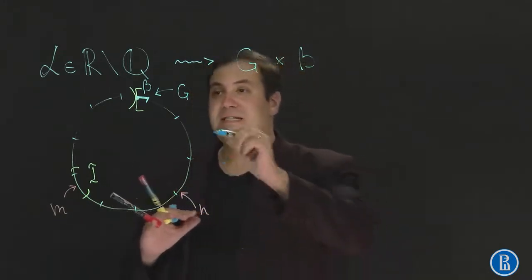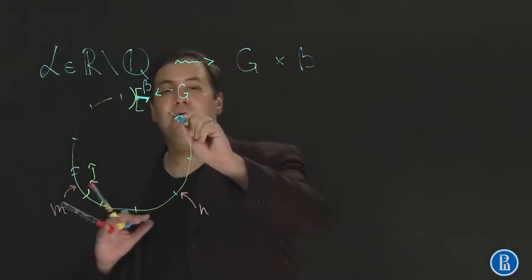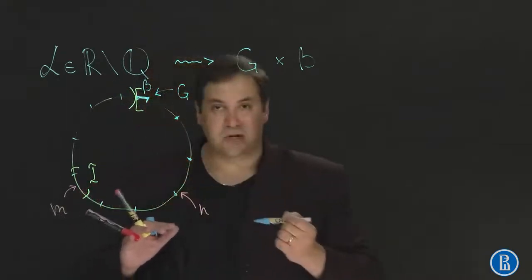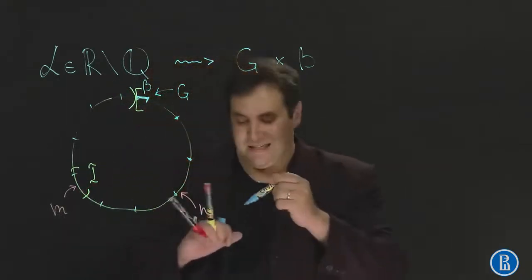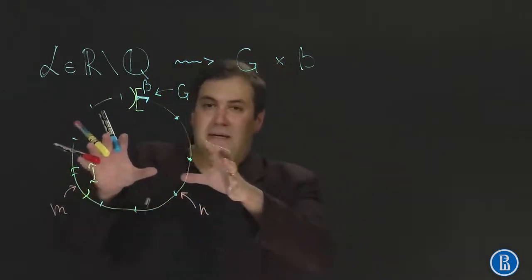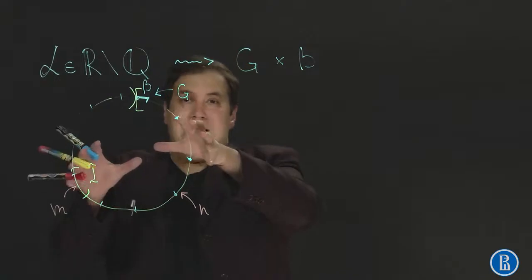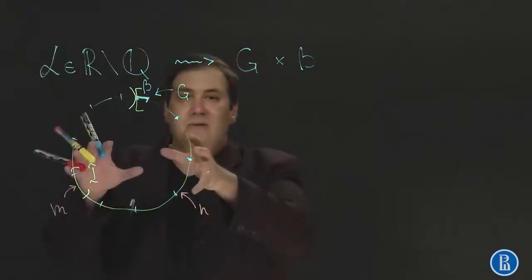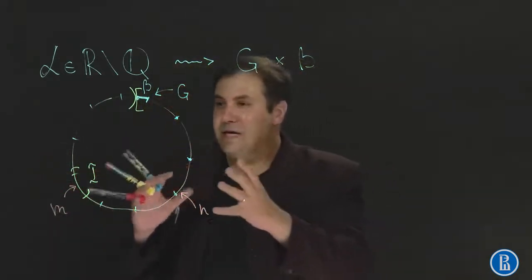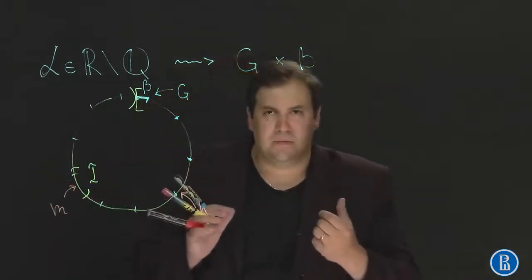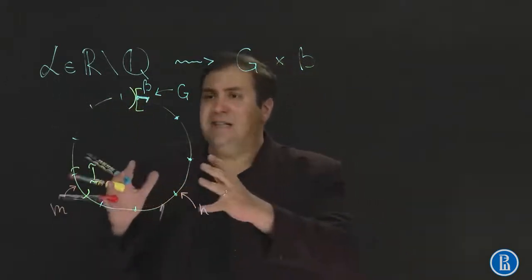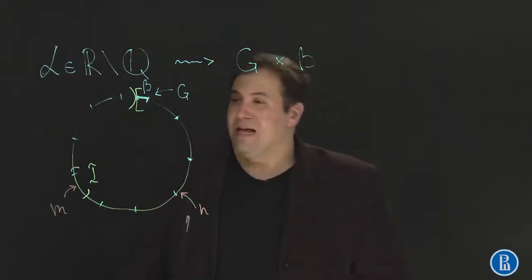These grasshoppers start at the same points visited by the original grasshopper, but each of them has step beta. So imagine it's like you have not one grasshopper, but many grasshoppers with a very, very small step beta. The point is that marked points will be the same. These g grasshoppers and this one grasshopper mark the same points on the circle.